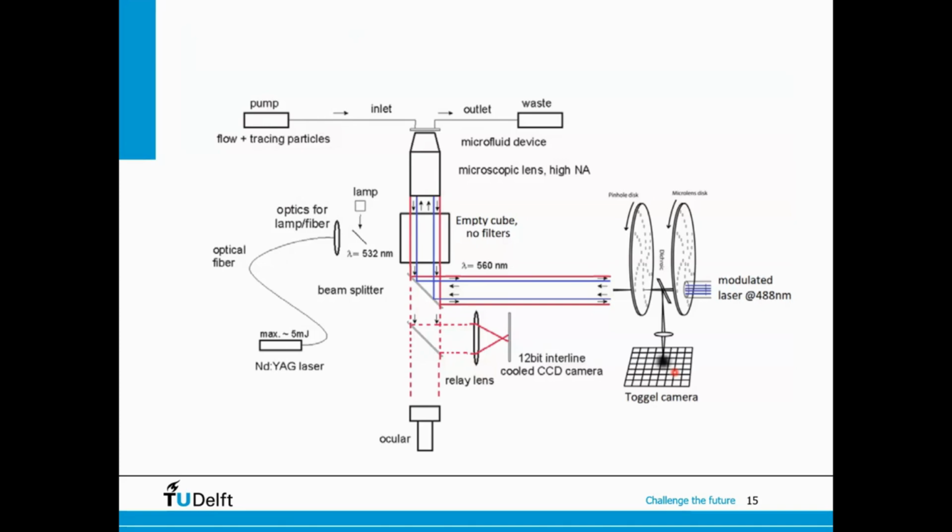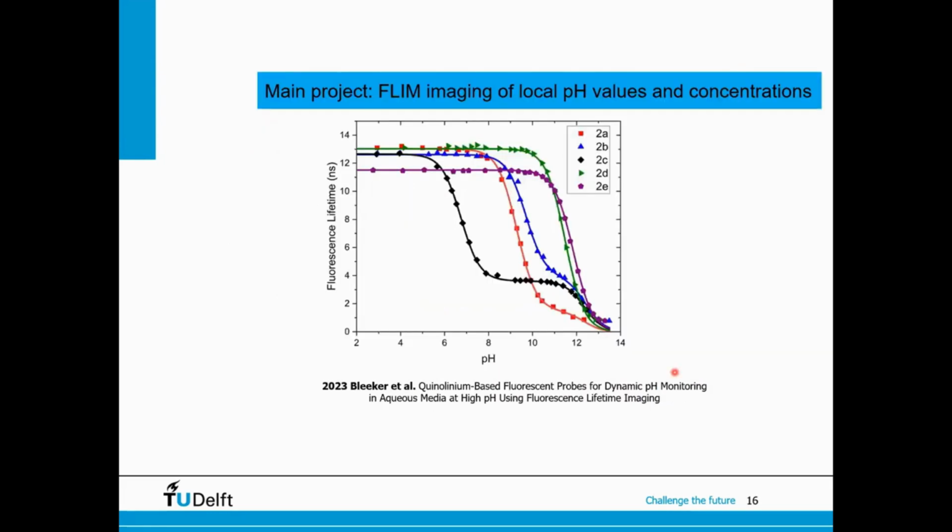So yeah, there were no commercially available dyes, but lucky for us, we have a few nutty professors in our department, and one of them made us some dyes himself that are sensitive in the high pH range. So for that, I'd like to show this little graph.